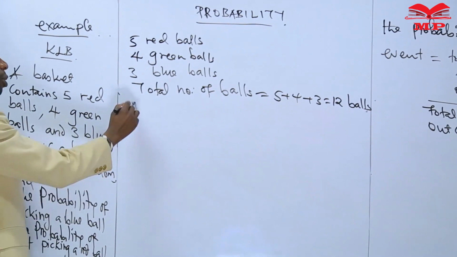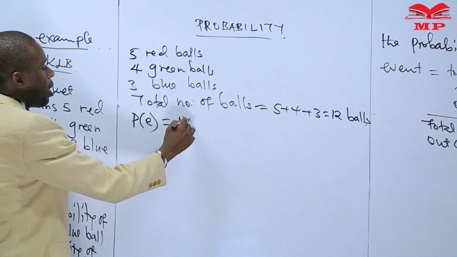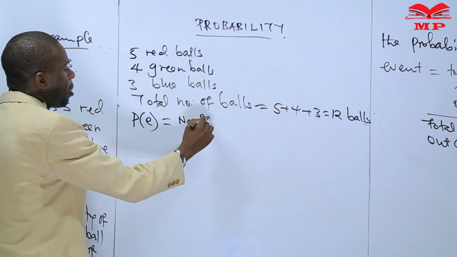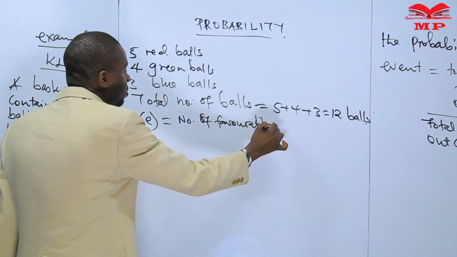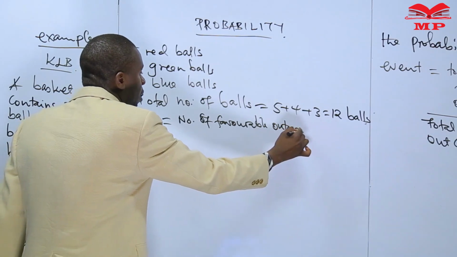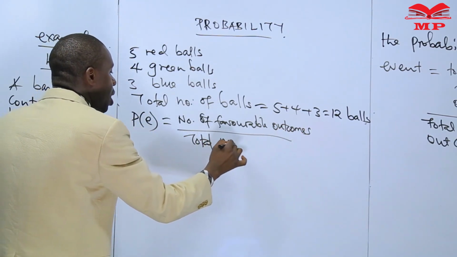We have said that the probability of any event is given by the number of favorable outcomes over the total number of outcomes.